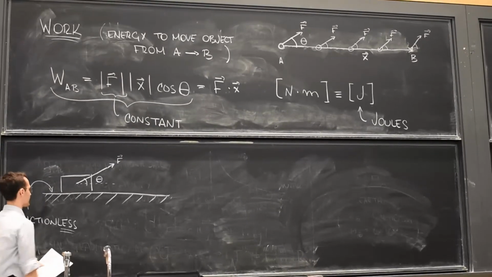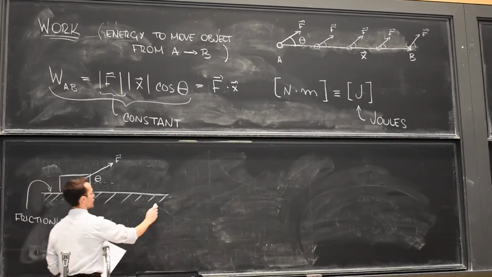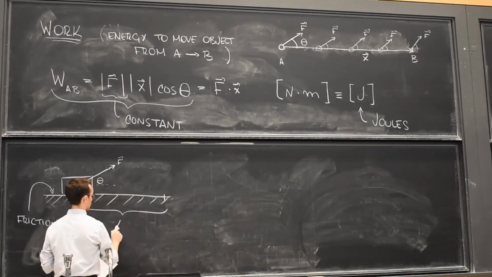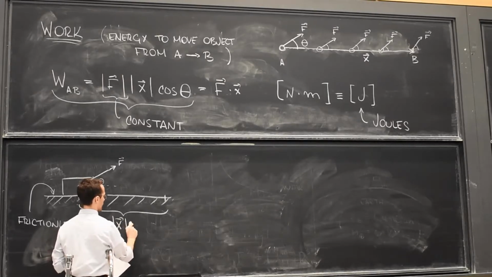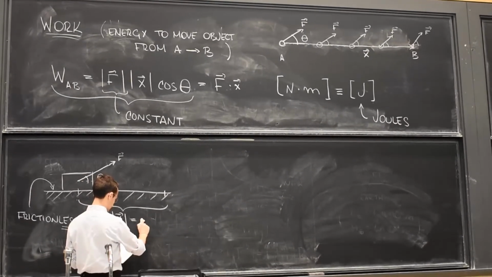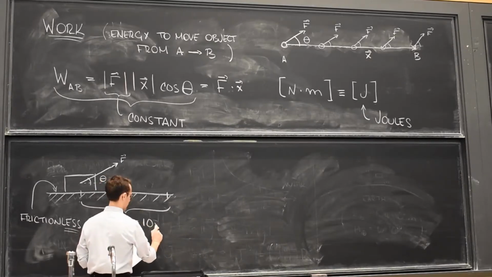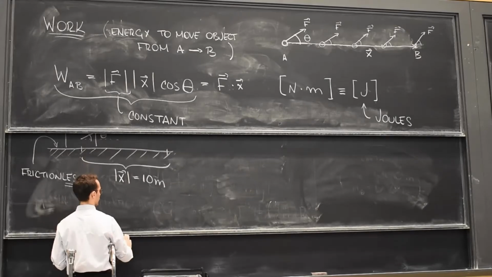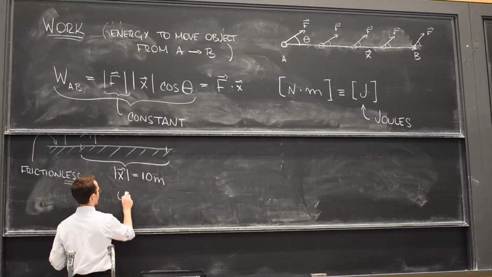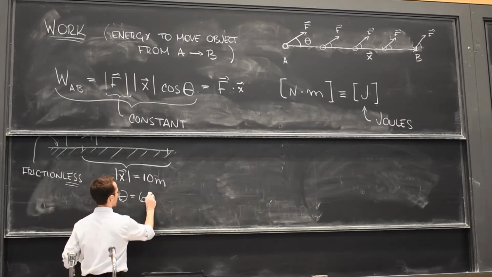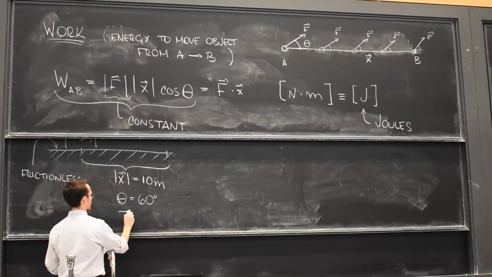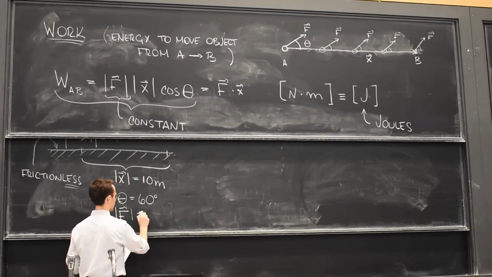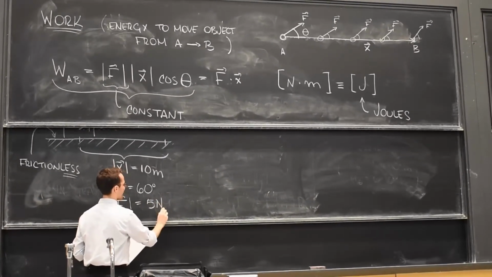And say you want to move a distance, so from A to B, of 10 meters. And just for arithmetic's sake, we'll say theta is equal to 60 degrees, and the magnitude of your force is 5 newtons.